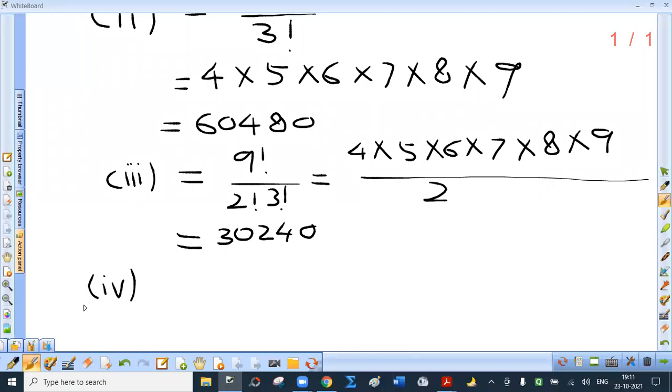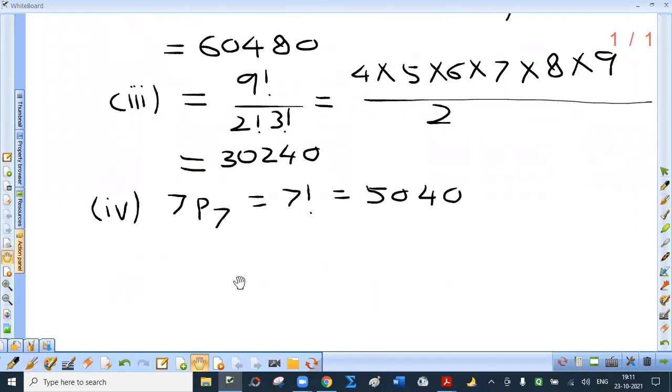Therefore, number of ways equal to 7P7 equal to 7 factorial equal to 5040. Now, which is the next word?